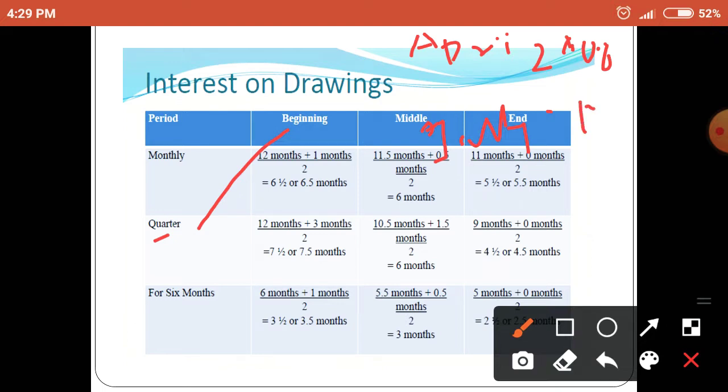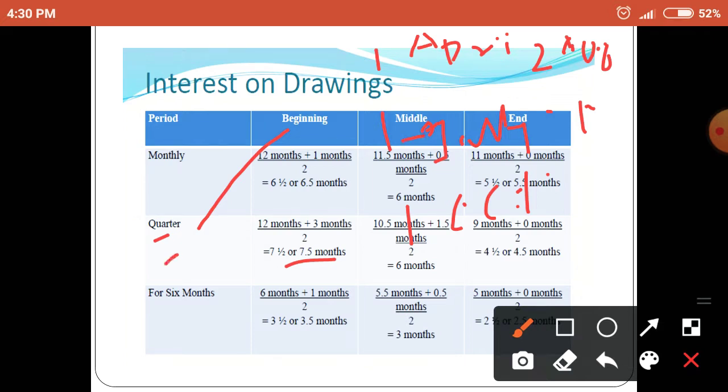Again the next quarter is October. So the beginning of each quarter is 1 April, 1 July, 1 October. If a partner withdraws some amount then, you have to consider the average period of 7.5 months.